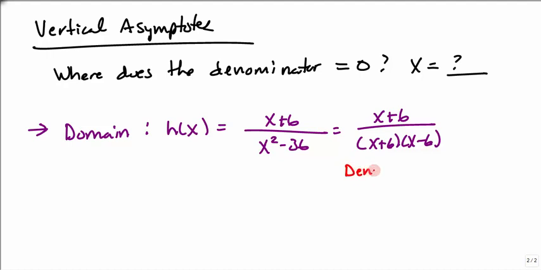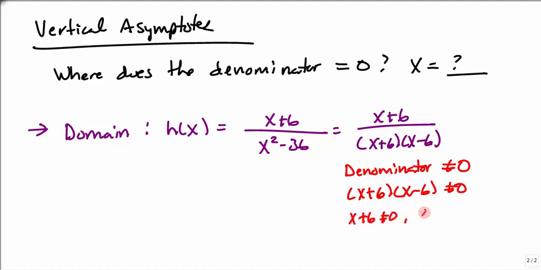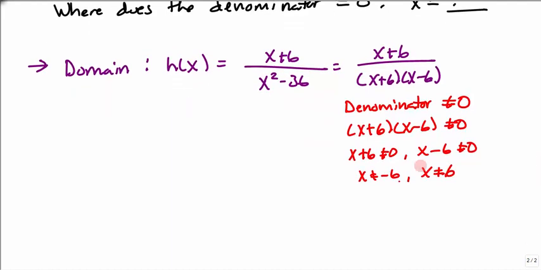The denominator cannot equal 0. So that's x plus 6 times x minus 6 cannot equal 0. Now when I solve for each of these, here I get x cannot equal negative 6. Here I get x cannot equal 6. So the domain is x cannot equal plus or minus 6.